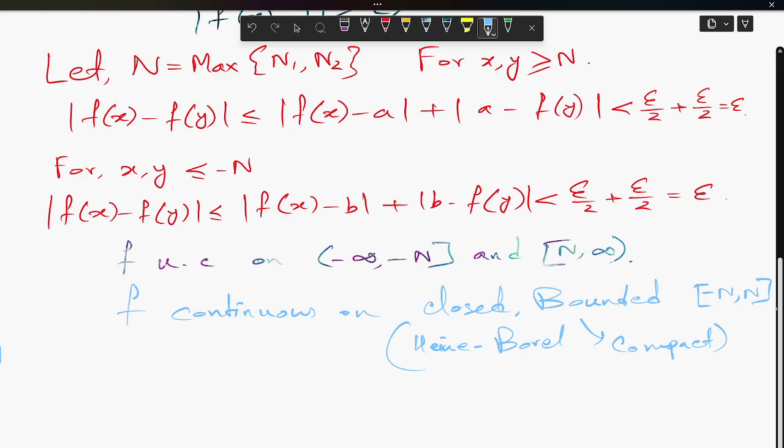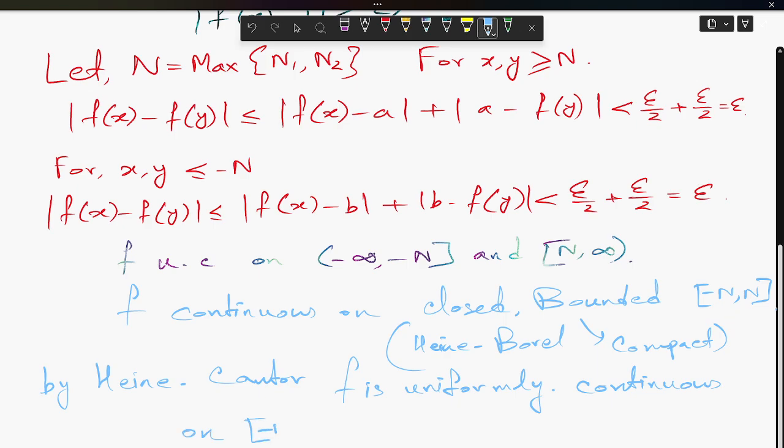Then by the Heine-Cantor theorem, we can say that our f is uniformly continuous on this given closed interval, which is minus n to n.